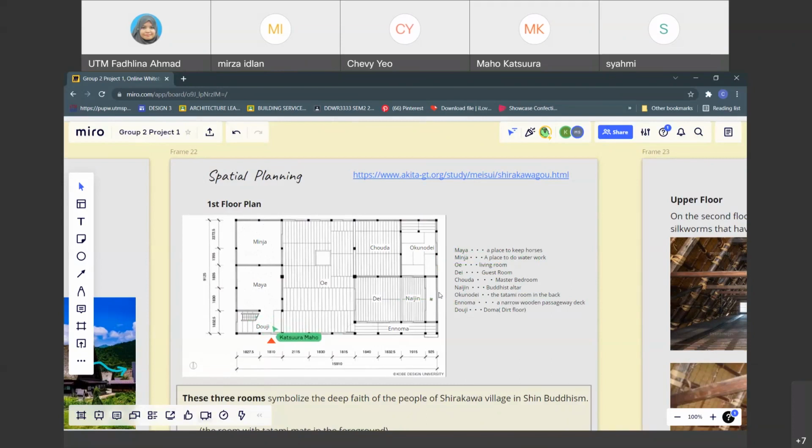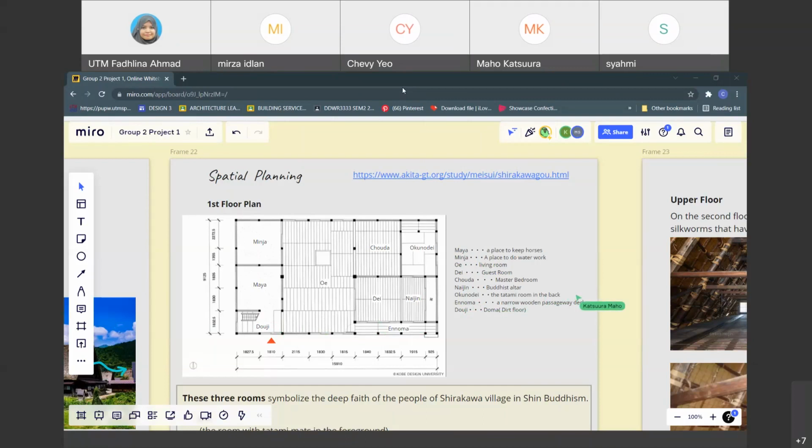Doji is kind of made of... Is it something like they wear shoes and then they put their shoes at the doji there, Maho? Yes. So they call it dirt floor. So that is interesting. That's why we need to know the function of each space.